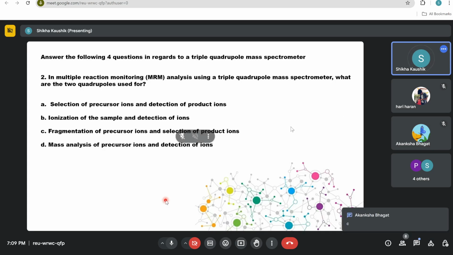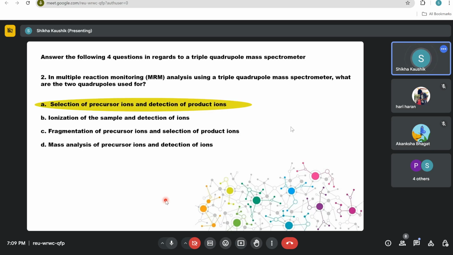Wait. This is quadrupole 2 in the case of MRM. It should be C. The answer should be C here. I don't know why they have given this here.